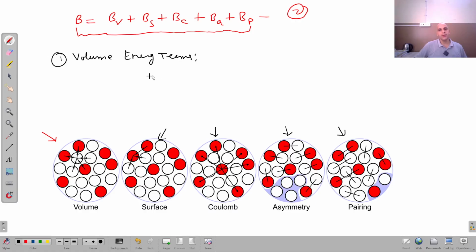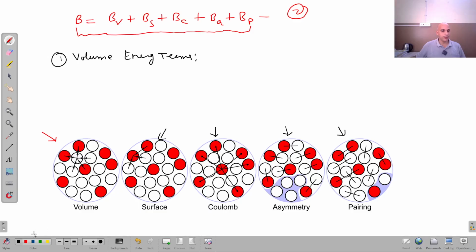B_V. Now this term in the binding energy arises because of the tendency of the nucleons to form bonds and stay together. We know very well that the nucleons, meaning neutrons and protons, stay inside the atomic nucleus because of the strong nuclear forces.